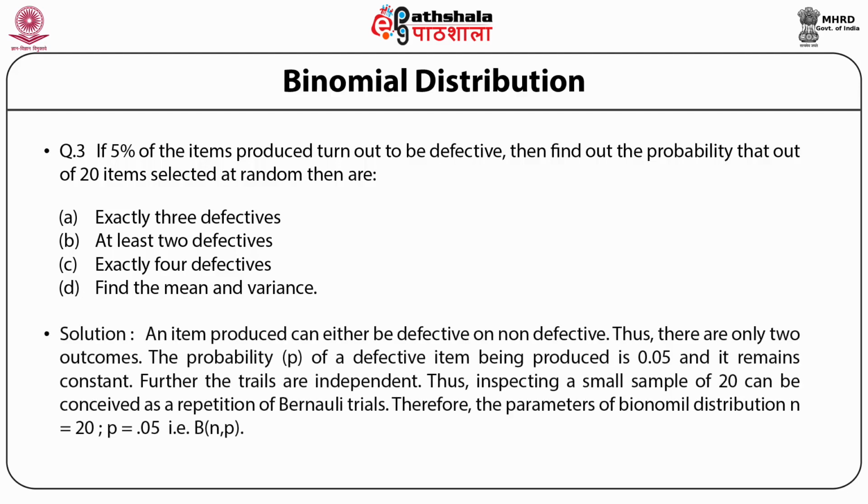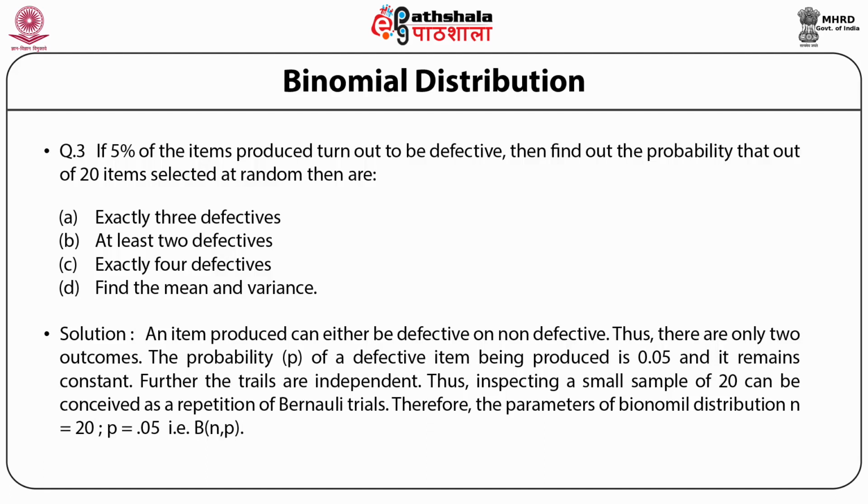So probability is 5% of the items. An item produced can either be defective or non-defective. Thus there are only 2 outcomes. The probability p of a defective item being produced is 5%, that is 0.05, and it remains constant.